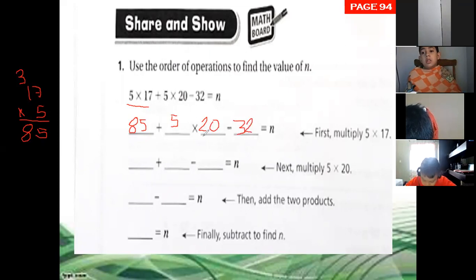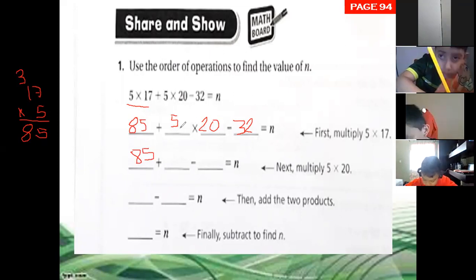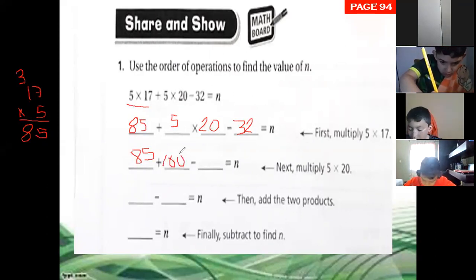Then, next, multiply 5 times 20. So, este 85, I am going to copy here. 5 times 20: 20, 40, 60, 80, 100. So, 5 times 20 is 100.